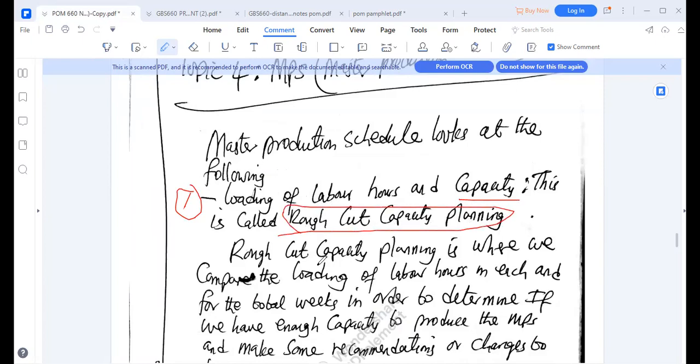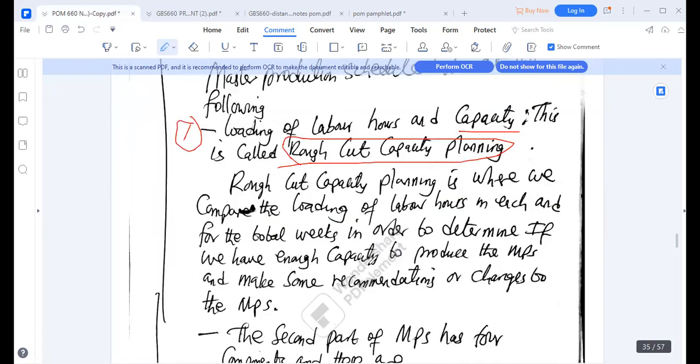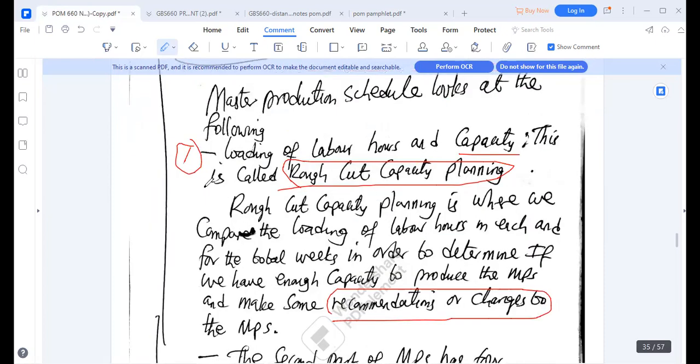Rough cut capacity planning is where we compare the loading of labor hours in each week and for the total weeks in order to determine if we have enough capacity to produce the master schedule, and make some recommendations or changes to the master schedule.